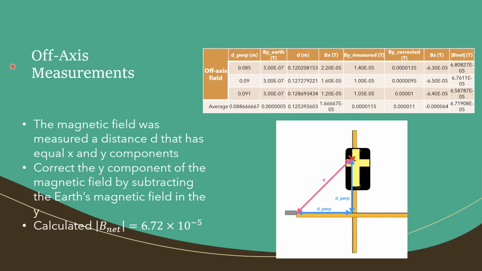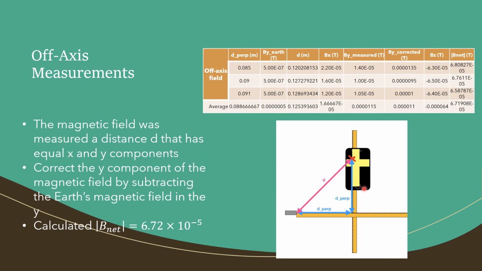Then some of our off-axis measurements right here. And the way we set up that lab was we made an isosceles right triangle to calculate. So right here, and we calculated the distance from the magnetometer to the magnet, and then the magnetic field in the x, y, and z axes.